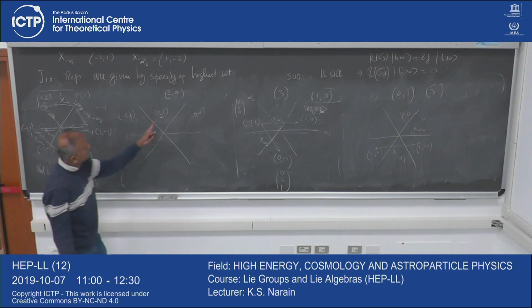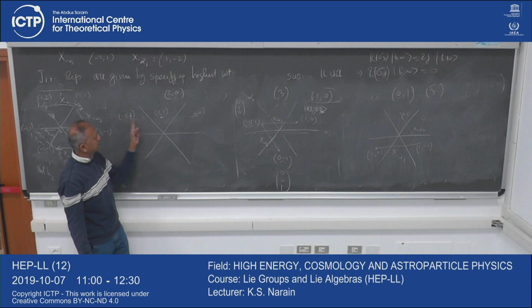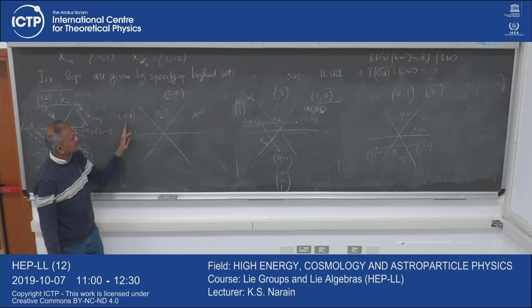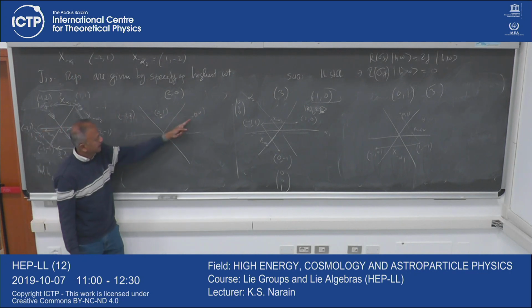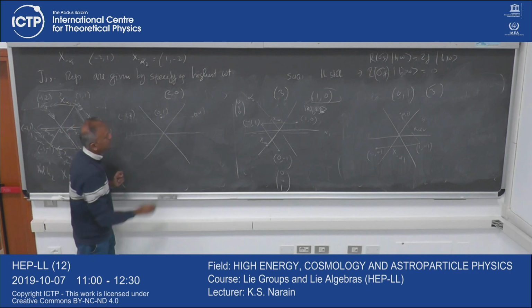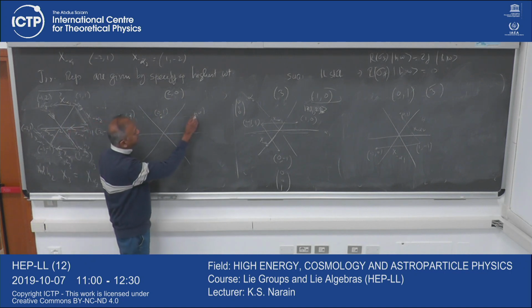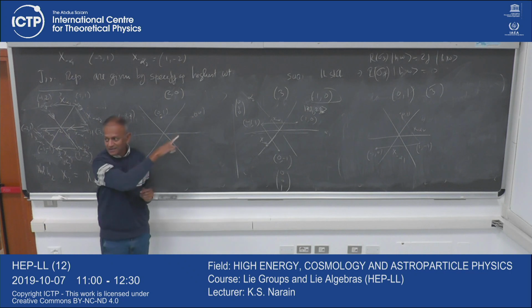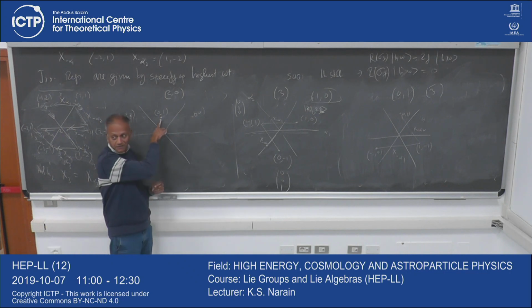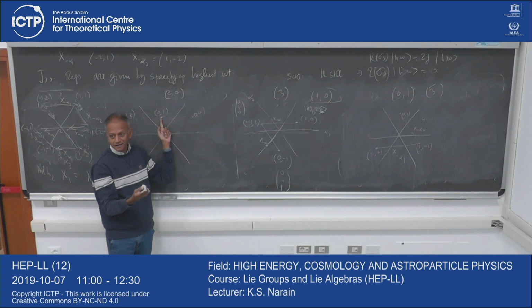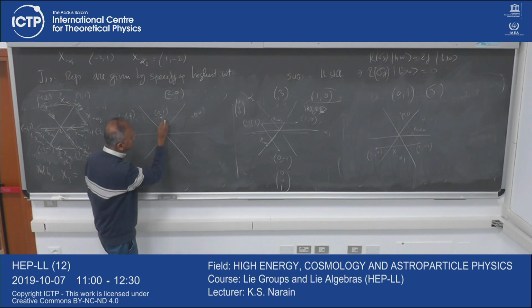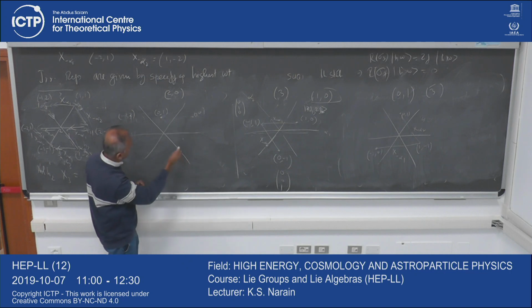Now, here, so this we obtained. We just took care of the x alpha 1 SU2, this SU2. Now here I didn't have to worry about x alpha 2 because it was a singlet. But here I have to worry about x alpha 2 because now you see this number is 1, so it's a doublet. Right? So I have to apply an x minus alpha 2, which will bring you somewhere here. So this one somewhere here.